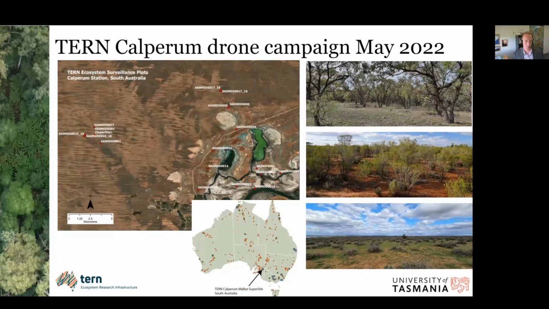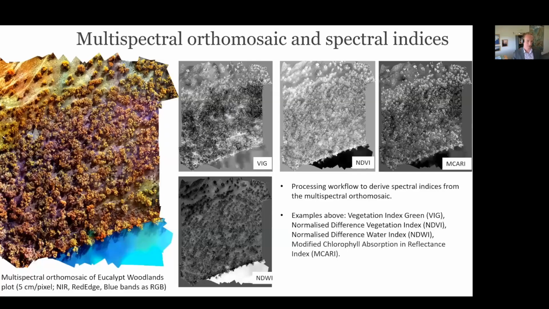In May last year, we got together with the TERN surveillance team led by Ben Sparrow to test some of these protocols in real conditions and cover a range of established TERN surveillance plots across different types of ecosystems. So that allowed us to practice with the protocols in the field, but also with some of the data generation.